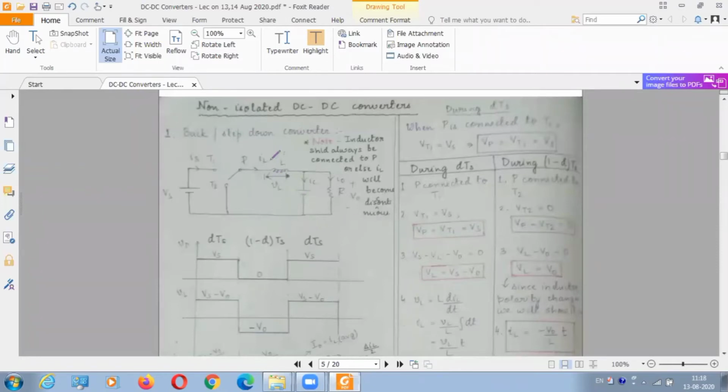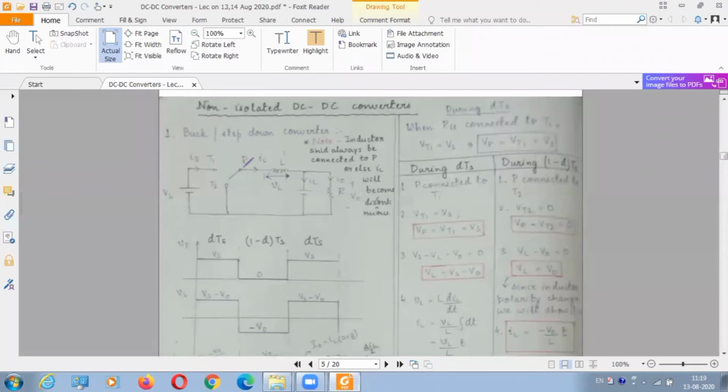Now, what is a buck converter? First of all, buck means step down, meaning it is stepping down the voltage. If VS is 12 volt, the output will be less than 12, maybe 5, 6, 10, whatever it is, but less than 12. Now I'm taking a single pole double throw switch. P once will be connected to T1, once to T2.